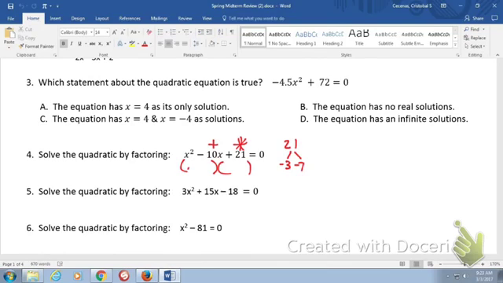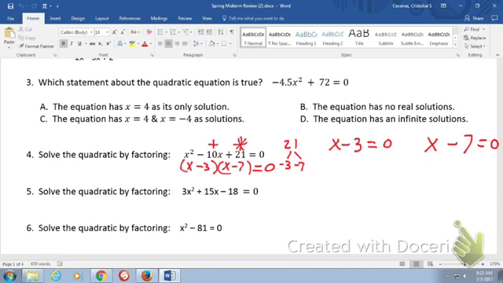So here we have x minus 3, x minus 7 is equal to 0. So after that, we need to make two equations. One that says x minus 3 is equal to 0, and x minus 7 is equal to 0.